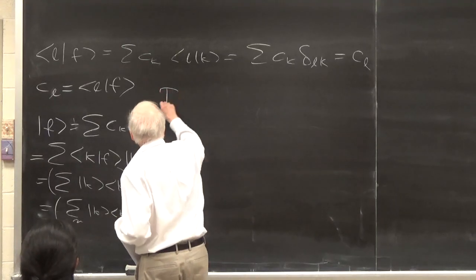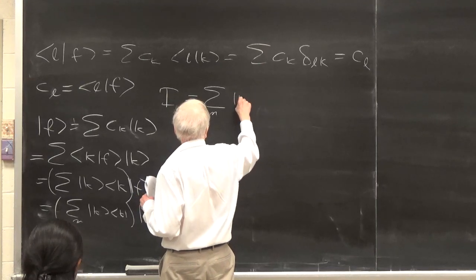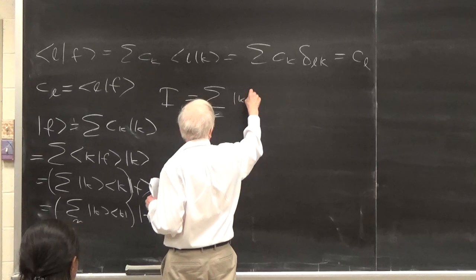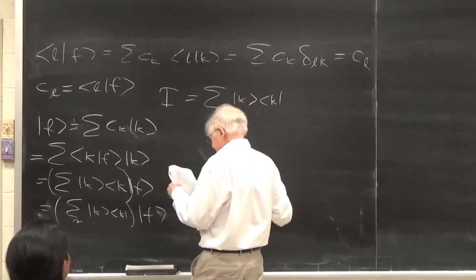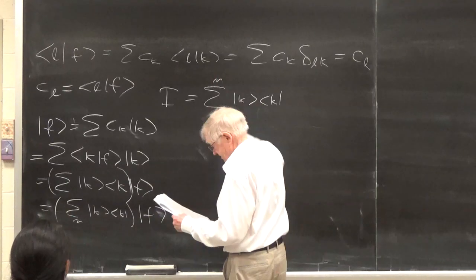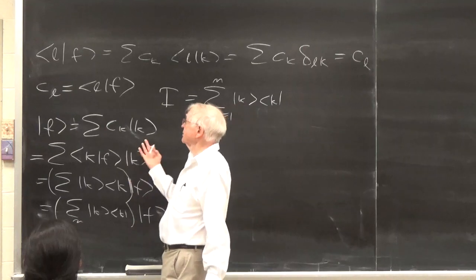So in other words, the identity operator is the sum on k, |k><k|, k equals 1 to n. And we could have chosen a different basis.